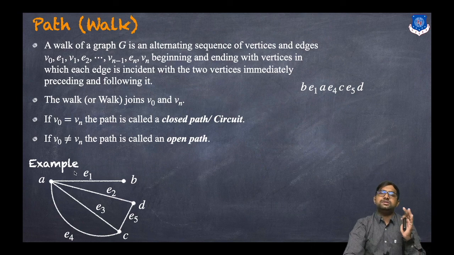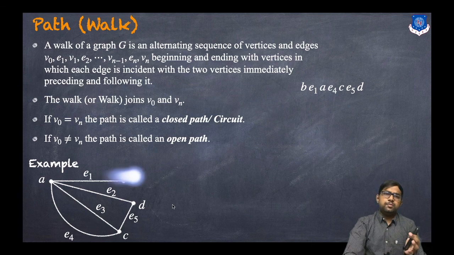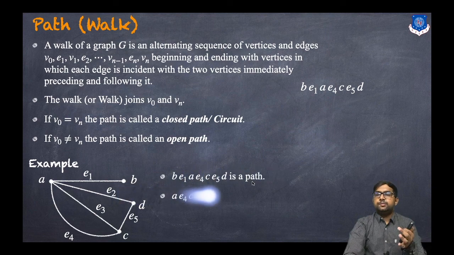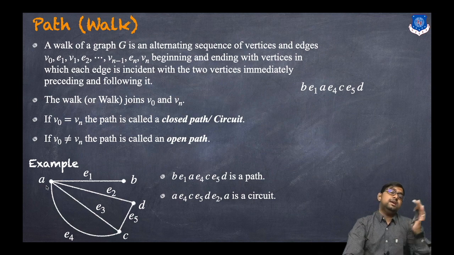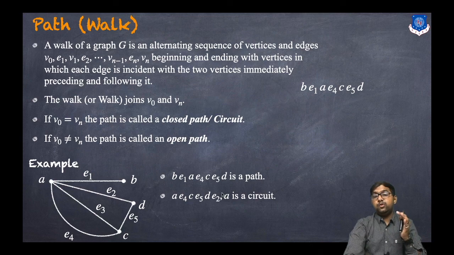So we write in this pattern: B, E1, A, then E4, C. So it is a simple path. Now if we start from here, A, E4, C, E5, D, E2, and then again go to A, it is a circuit. Why? Because it is a closed path and the starting point and the ending point are the same.